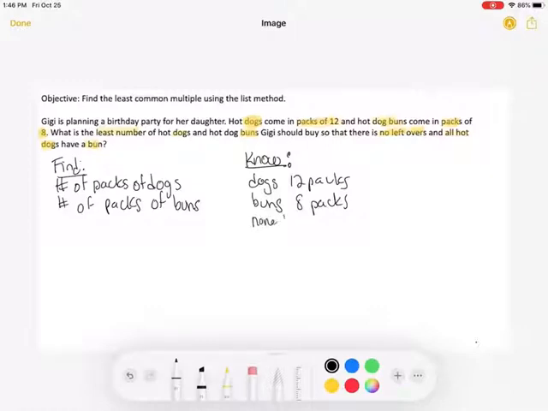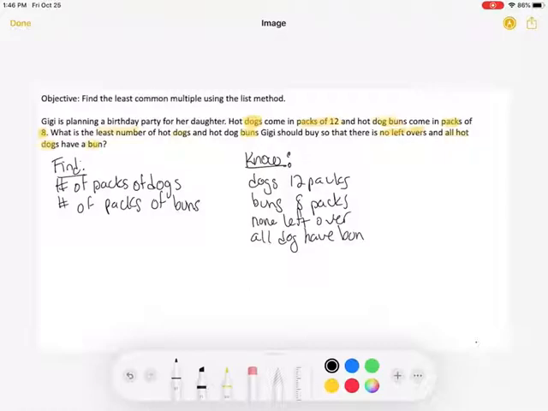And then none left over. All dogs have a bun.